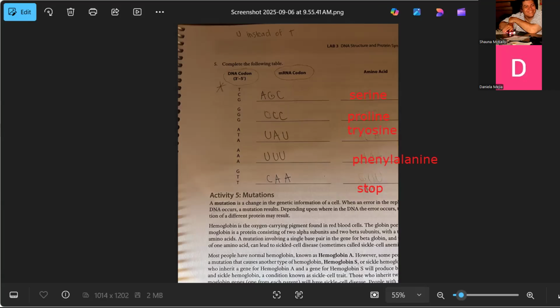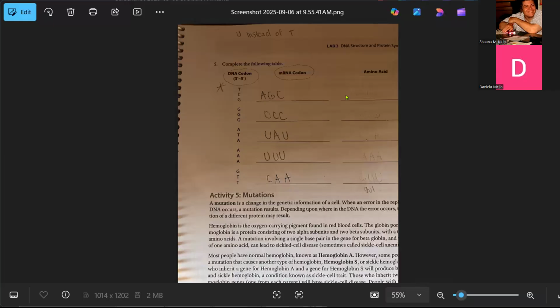Okay. That was for this page, because he wants you to name the amino acids over here.